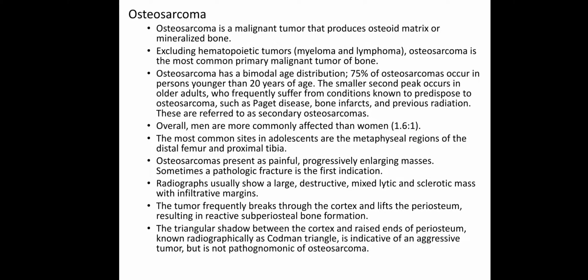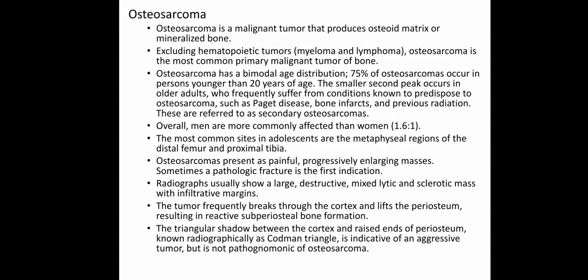The tumor frequently breaks through the cortex، يعبر الكورتكس and lifts the periosteum، يرفع البريوستيوم الطبقة الخارجية من العظم، resulting in reactive subperiosteal bone formation. راح تشوفوه على شكل بالاكس راي، هسه راح تجي صورة، وهذا subperiosteal bone formation يسوي لي triangle مثل المثلث. التيومر يطلع من البريوستيوم ويروح على السب بريوستيال تيشو ويخترق التشو ويطلع لي فوق ويسوي لي reactive bone اللي هو يسوي لي triangle like.